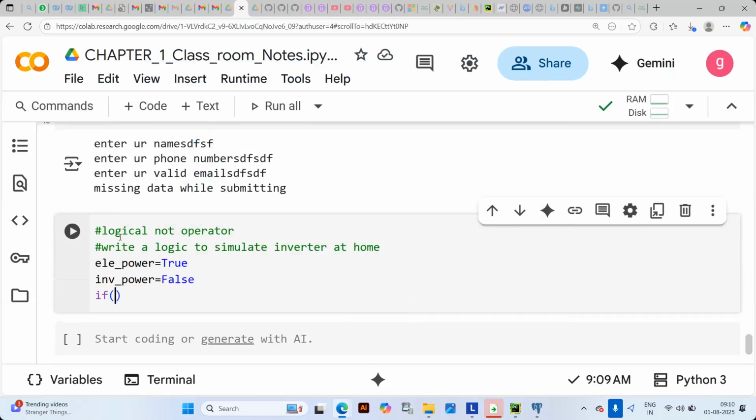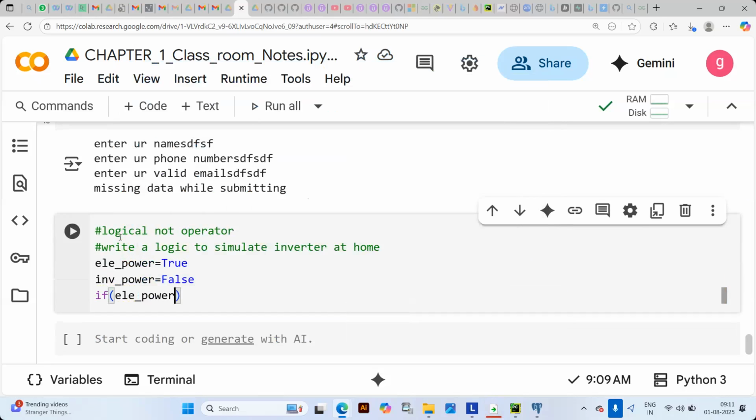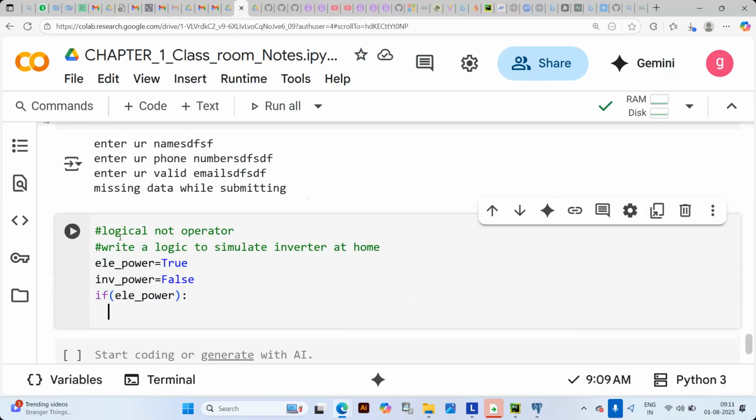Now if electrical power is obviously true, right? Then you know what happens here?